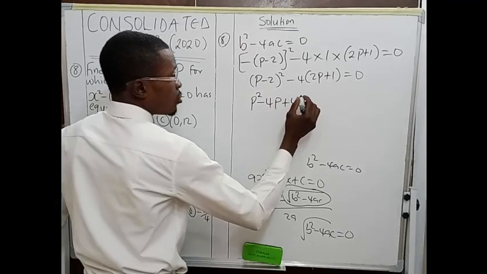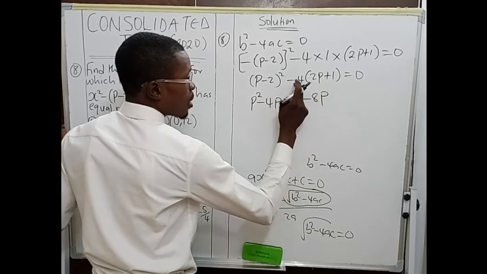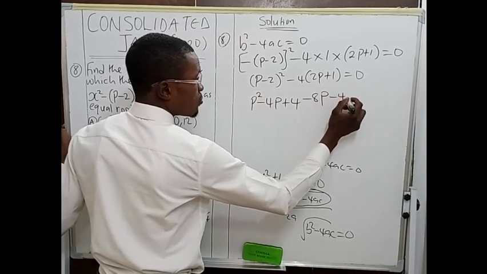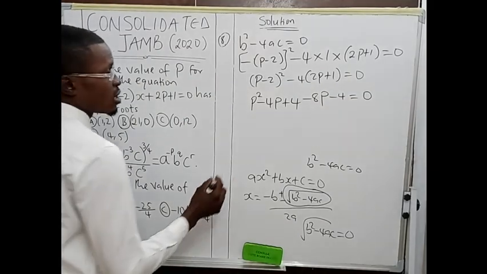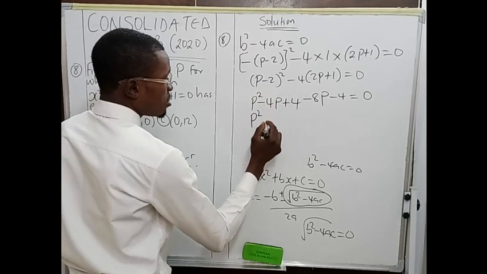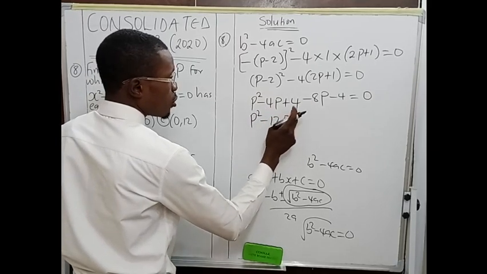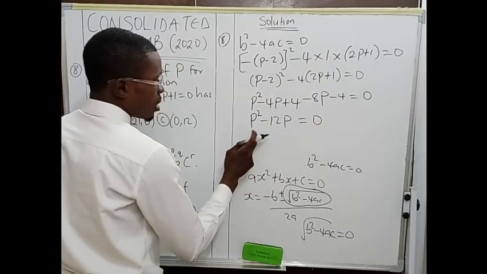Expand this bracket, minus 4 times 2p is minus 8p, minus 4 times plus 1 is minus 4, equals 0. So what do you have next? You have p squared minus 4p minus 8p, minus 12p, plus 4 minus 4 goes 0, equals 0.